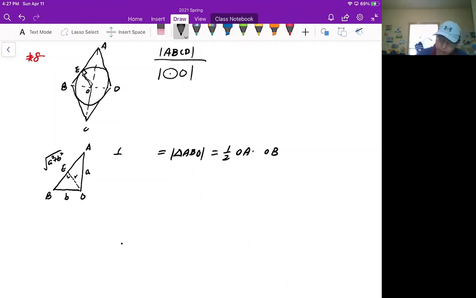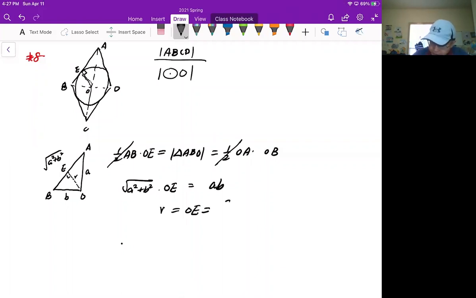And the other one is 1/2 of the AB times the OE, right? The 1/2 cancels with the 1/2, right? So the left hand side is the square root of A squared plus B squared, times OE. The right hand side is just A times B. So we got the radius of the circle, which is actually AB over the square root of A squared plus B squared. Does it make sense?